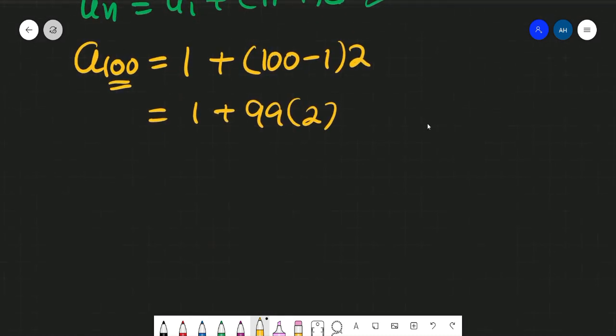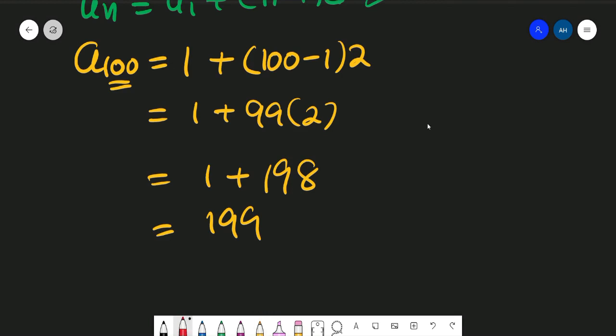So this is equal to 1 plus 198. 99 times 2 is 198. Therefore, the answer is 199. What that means is term number 100 is this number, that is 199.